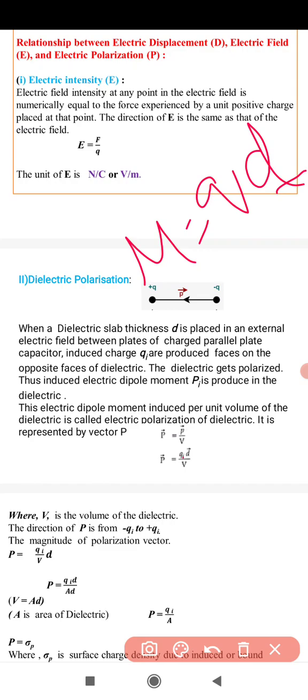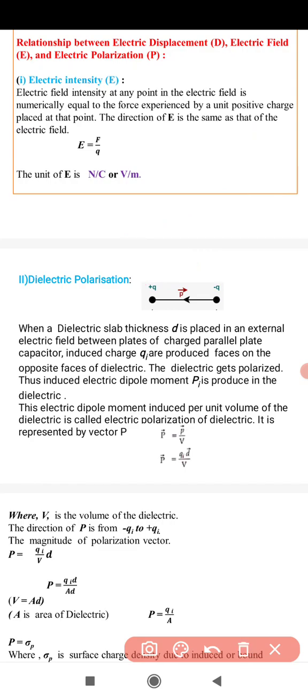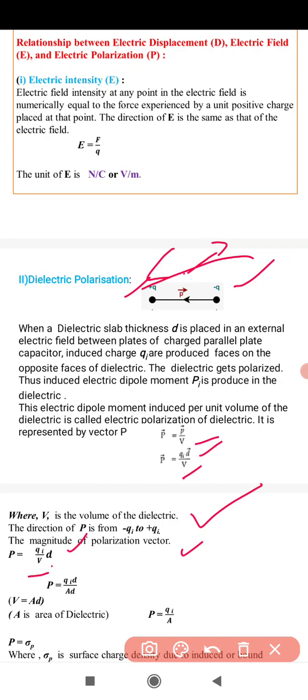Qi is the induced charge developed inside the dielectric, V is the volume of the dielectric, and the polarization vector P is always directed from minus Q to plus Q. The magnitude of the polarization vector is P equals Qi into d divided by V.